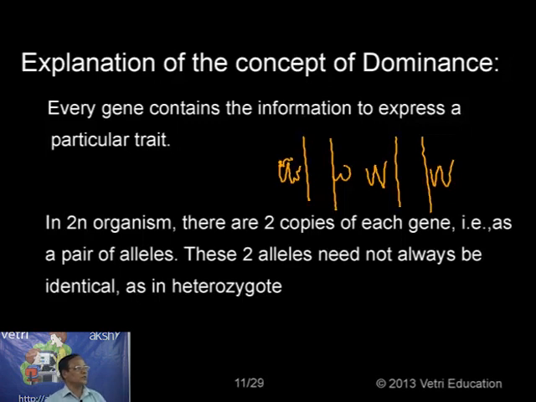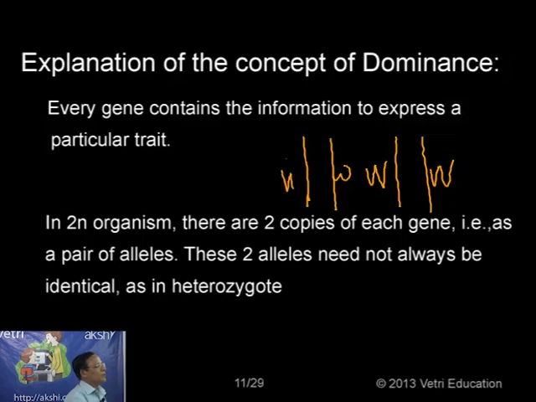Now, what is the reason for that? Normally, a normal character is called a wild type. Because of certain changes, which we call mutation, what will happen?